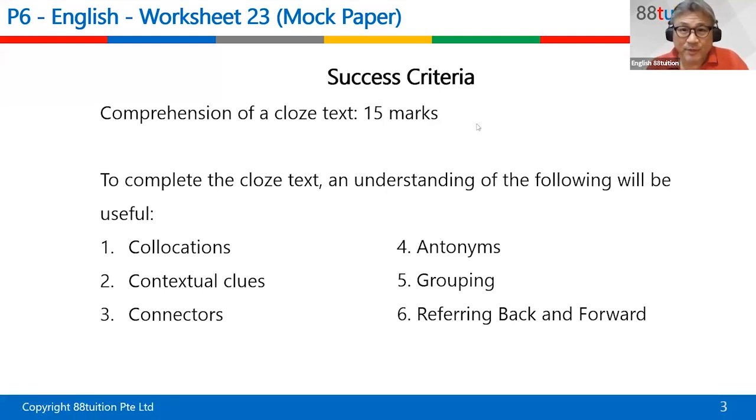Okay, as I was saying, these are the items that will be tested in your cloze comprehension: collocations, contextual clues, connectors, antonyms, grouping, and referring back and forward, especially the use of pronouns like he, she.